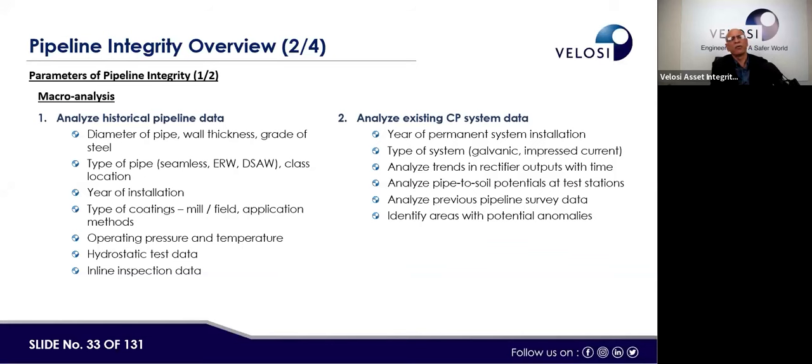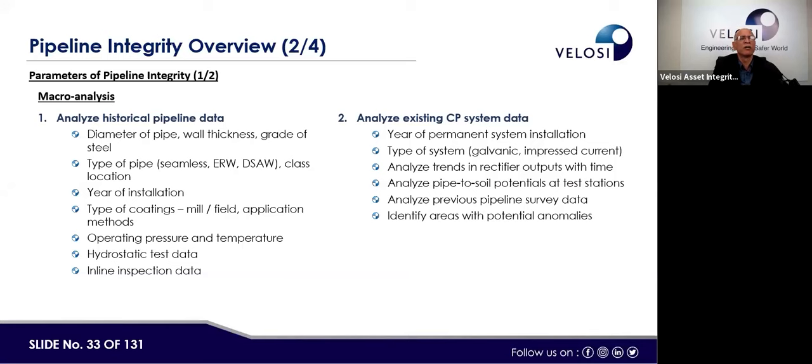And then if we collect certain data, it would be the CP related data, the pipeline inspection related data, pipeline operation related data. All that data can be checked, but it is called macro, the highest level.